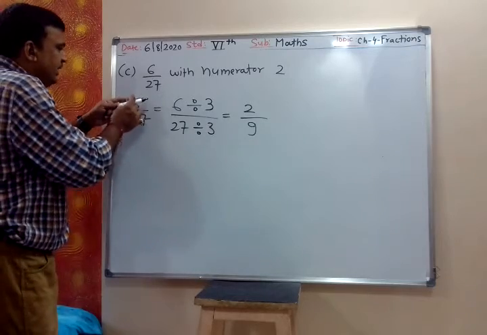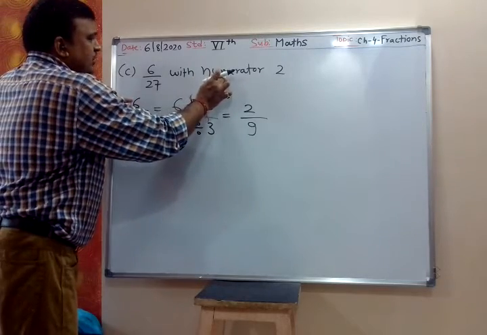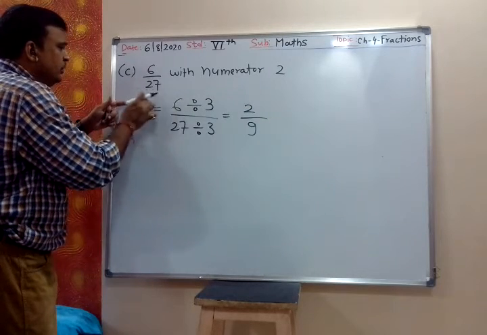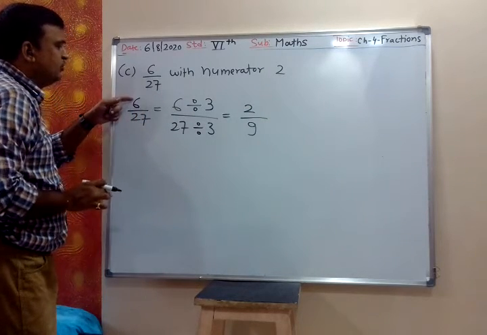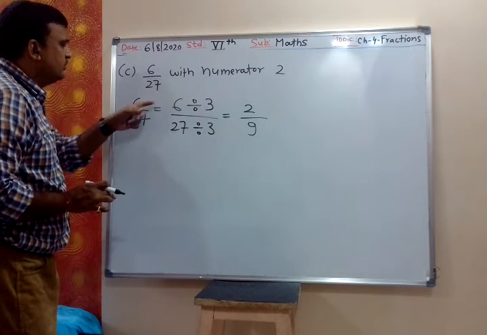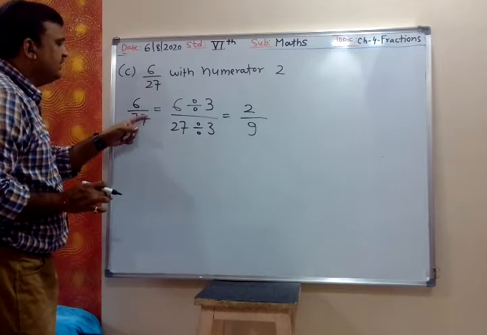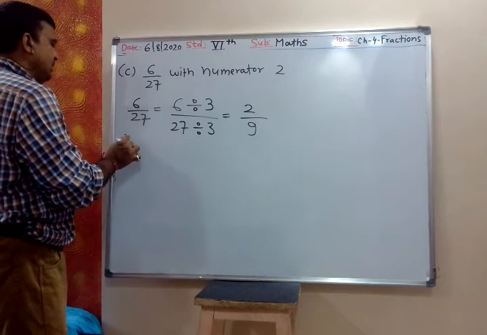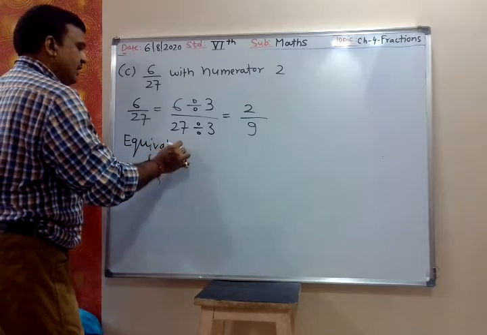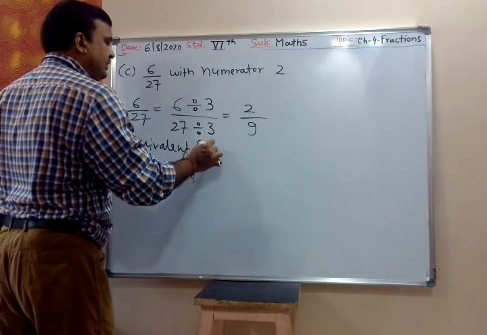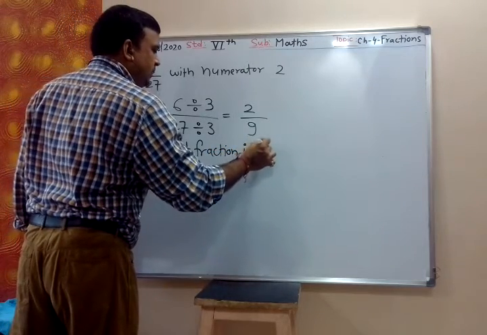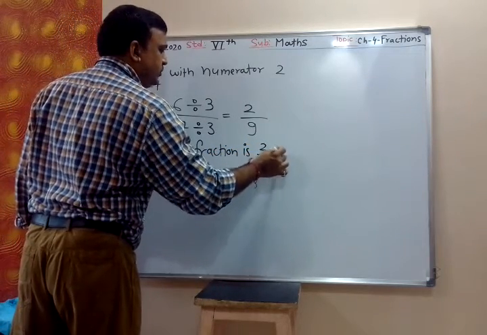Because we want an equivalent fraction with numerator 2, we divide 6 by 3 and 27 by 3. So the equivalent fraction is 2 upon 9, where the numerator is 2.